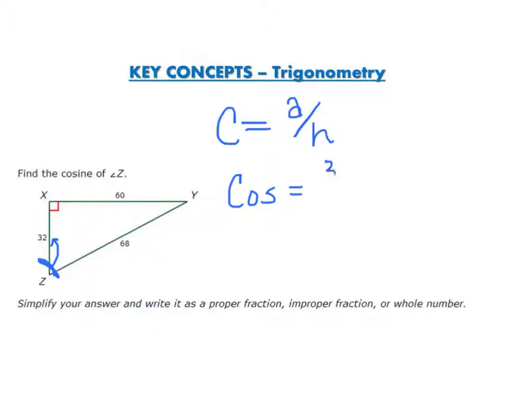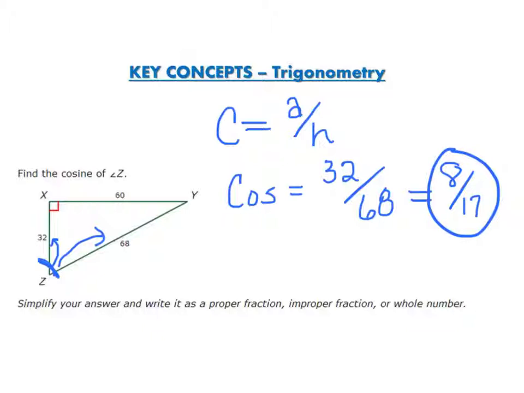So that's going to be 32. And the hypotenuse is the one across from the right angle. That's 68. And when you reduce that, you get 8 over 17. So the cosine of angle Z is 8/17.